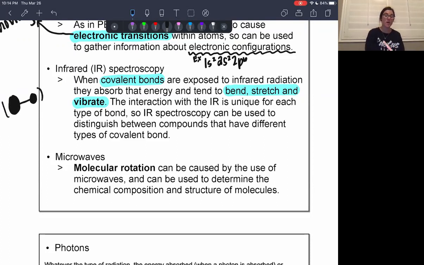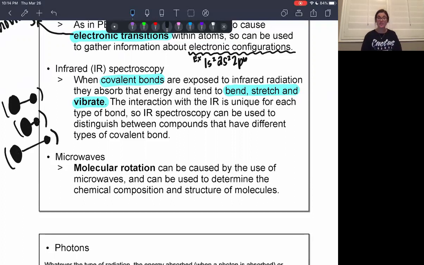So when we would draw molecules in the solid phase, we draw these whooshies that go buzz, buzz, buzz, buzz. Imagine that they're able to buzz within the molecule and get closer together, buzz, buzz, and farther apart. This is what bending, stretching, and vibrating is referring to.